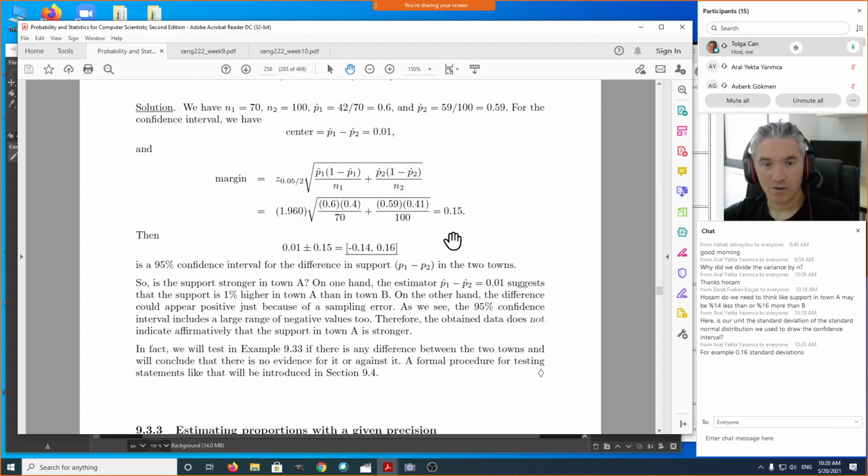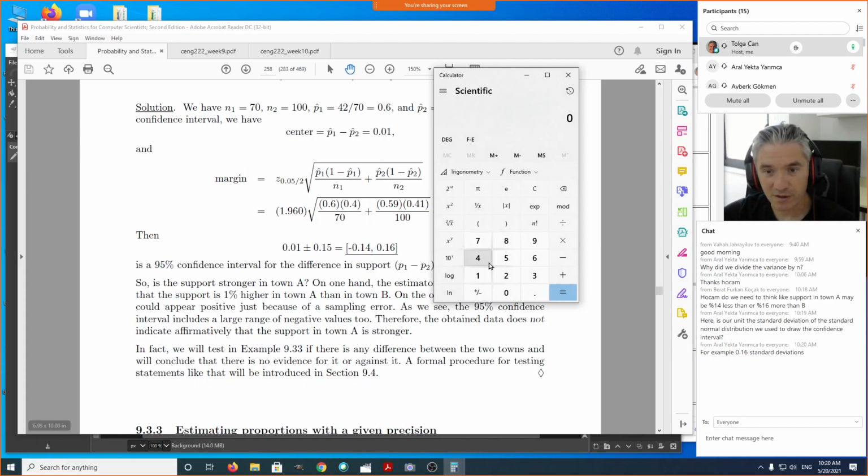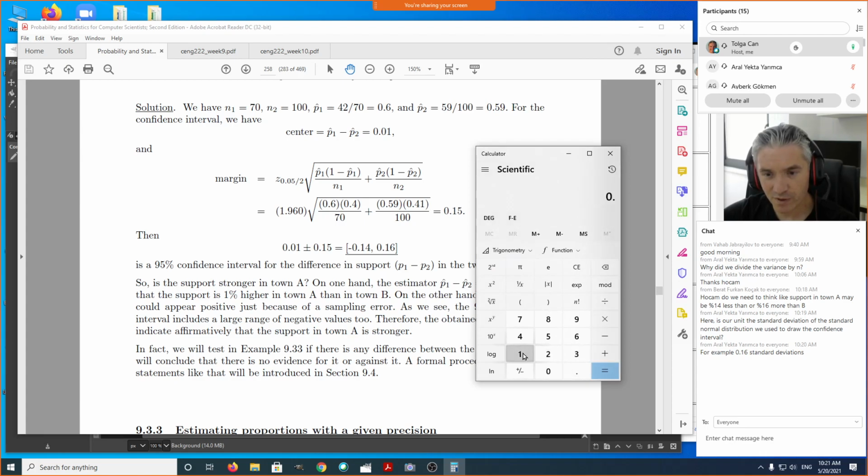Okay, so the standard deviation of the difference between these two things. Let me use the calculator for that. So it was 0.15, right? If you divide 0.15 by 1.96, this is 0.076. So this number here is the standard error.